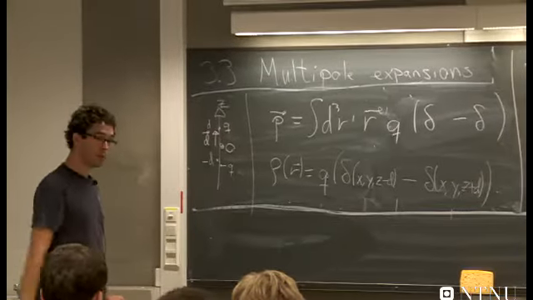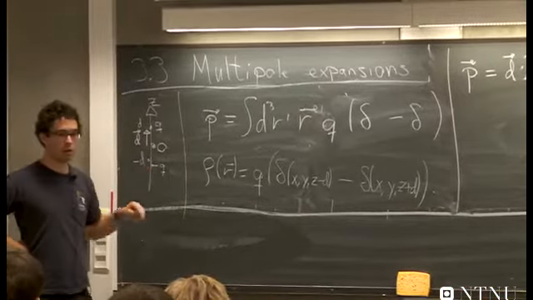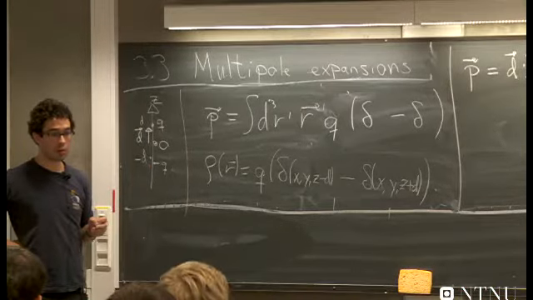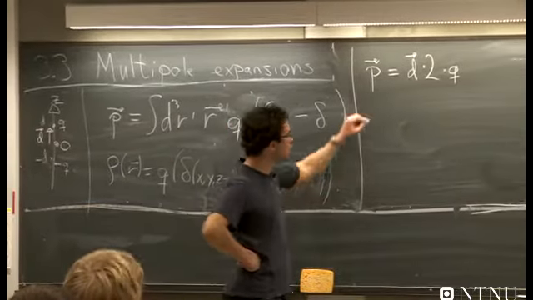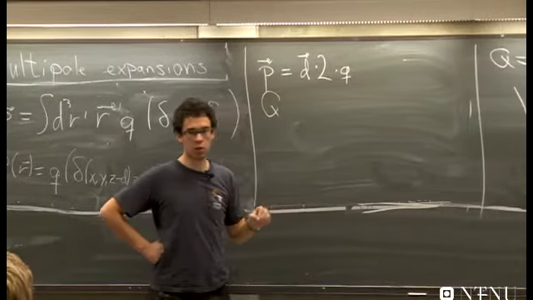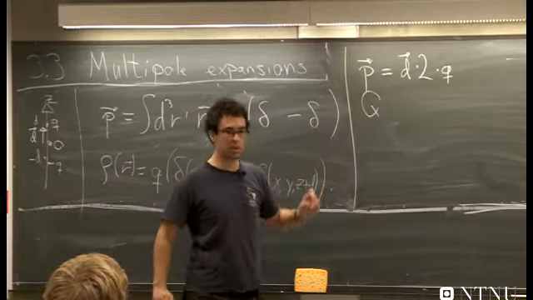And also I'd like to make a note that the leading term in the expansion is coordinate system independent, meaning that the monopole moment, which is essentially q, the total charge, is of course independent of where I put the coordinate system. But the dipole moment is not.